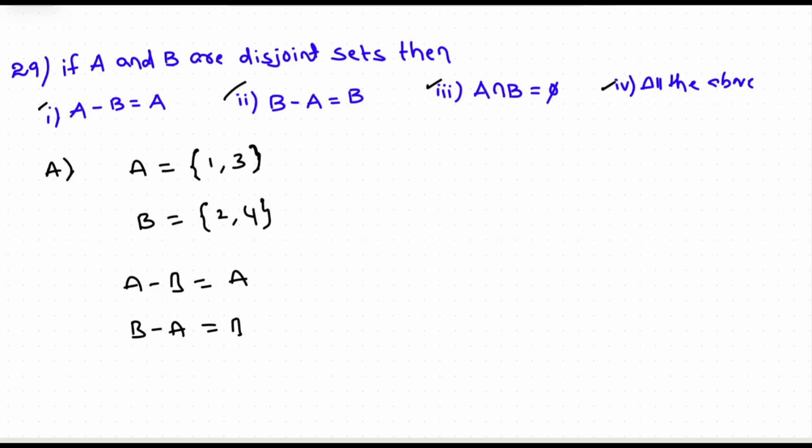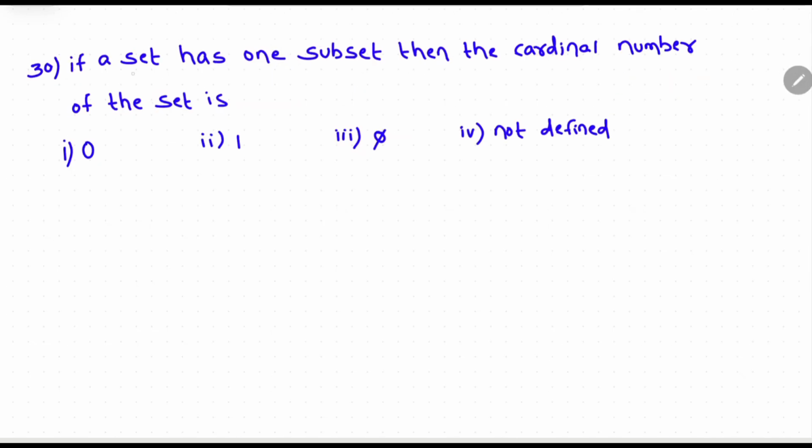Here a set is having only one subset. So the subset formula will be 2 to the power n. We are having only one, so 1 can be written as 2 to the power 0. As the bases are equal with the equality sign, therefore n value is 0. Therefore the cardinal number of the set is 0.